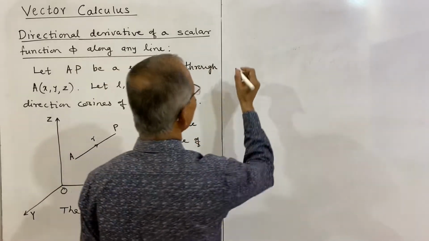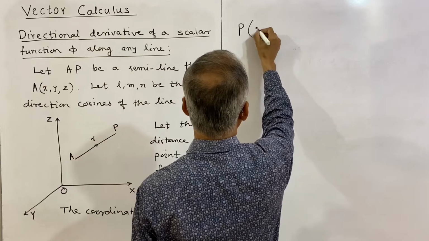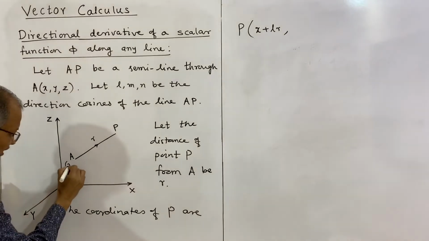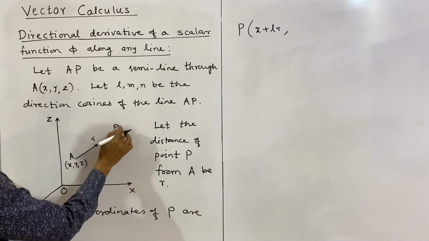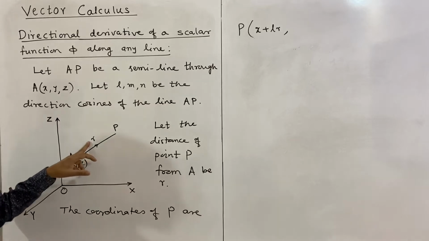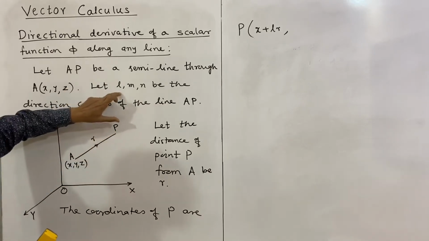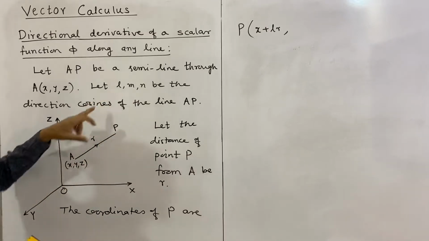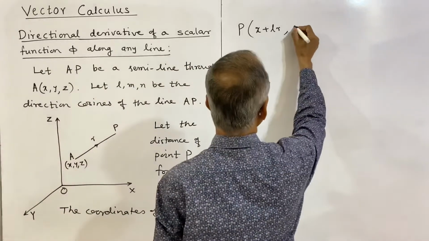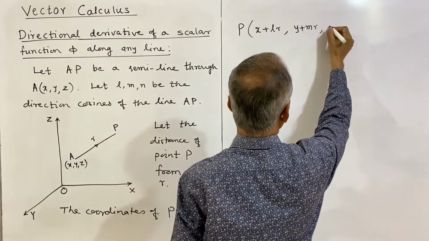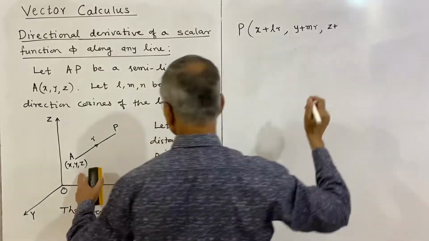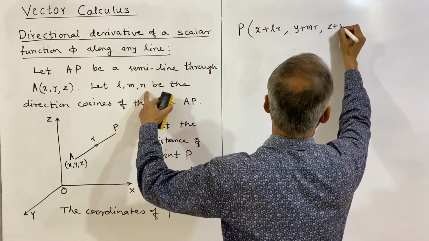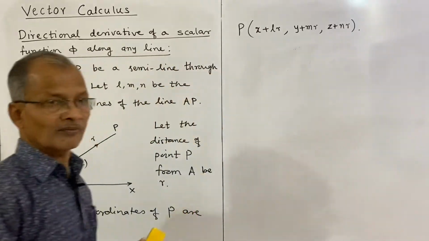The coordinates of A are x, y, z, and the distance AP is r, and the direction cosines of the line are l, m, n. Therefore the x coordinate of P will be x plus l times r, the y coordinate of P will be y plus m times r, and the z coordinate will be z plus n times r. So these are the coordinates of P.